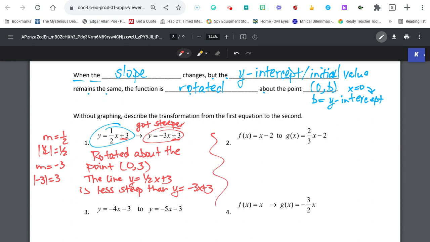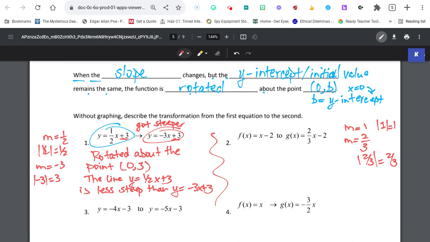All right, let's take a look at 2. Okay, the first equation has a slope of 1, and we know the absolute value of 1 is 1. The second equation has a slope of 2/3, and the absolute value of 2/3 is still just 2/3, guys. But we know 2/3 is less than 1, so we know that the original line became less steep once we rotated it.